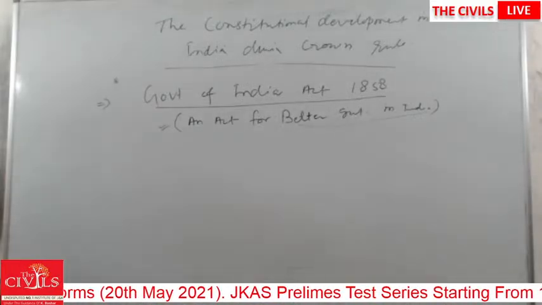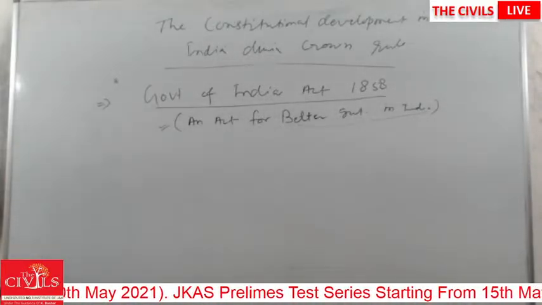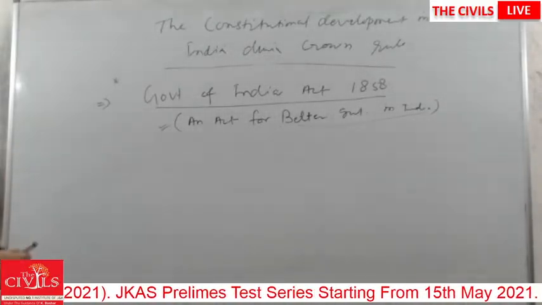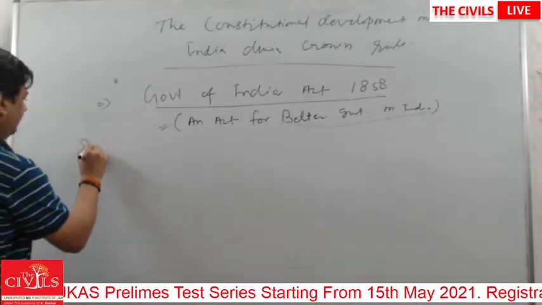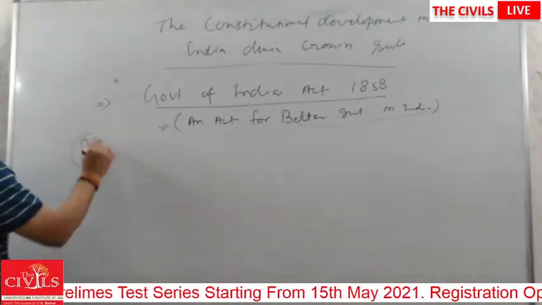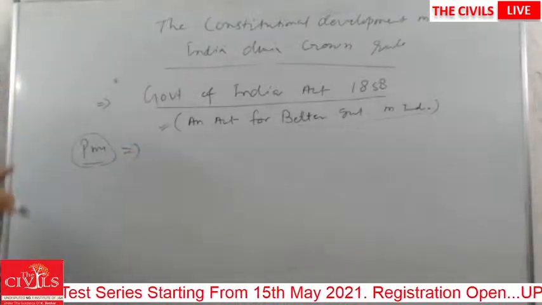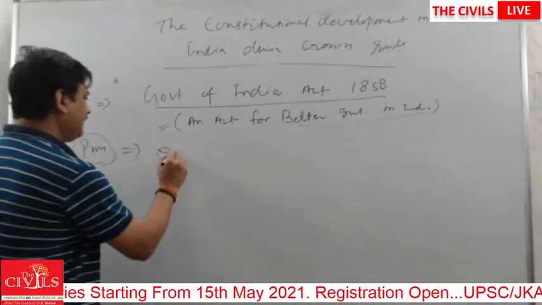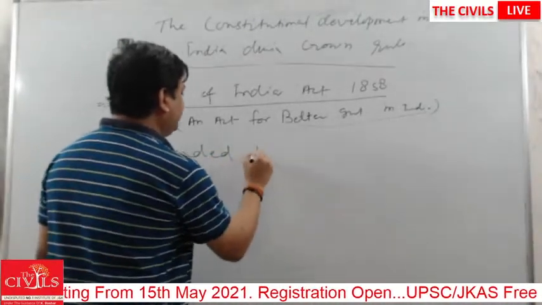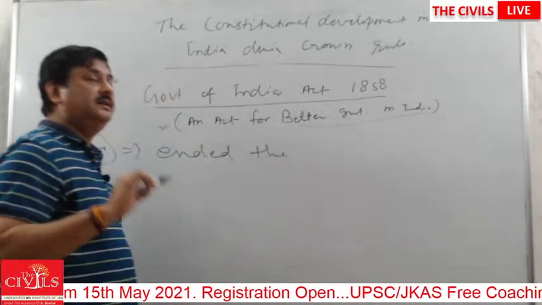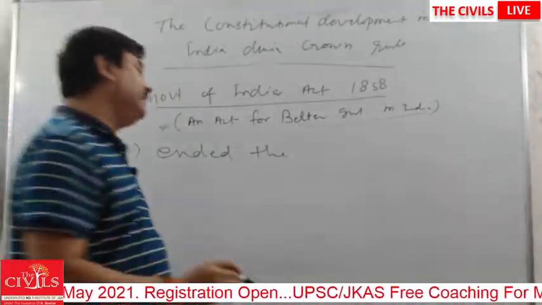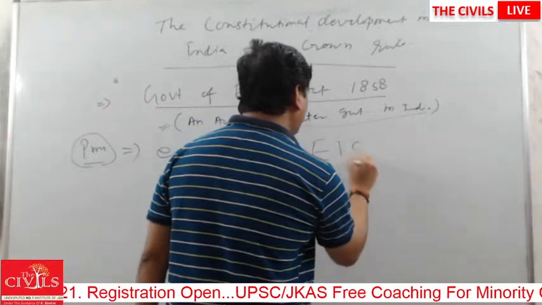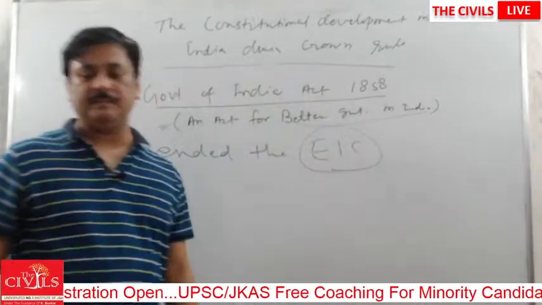Now, the Government of India Act 1858 is also known as an Act for Better Government. What were the provisions of this act? The first provision was that this act ended the rule, or the administration, of East India Company.